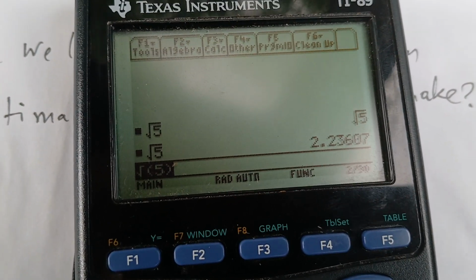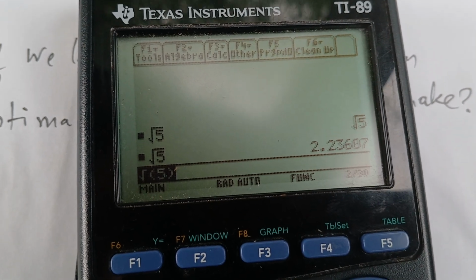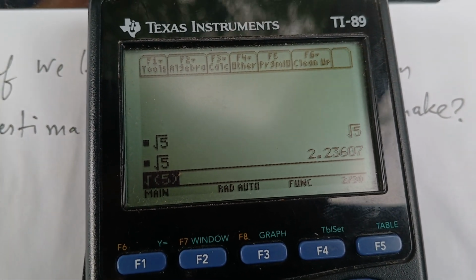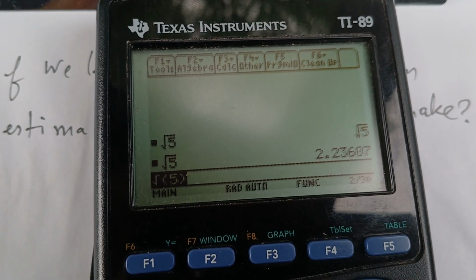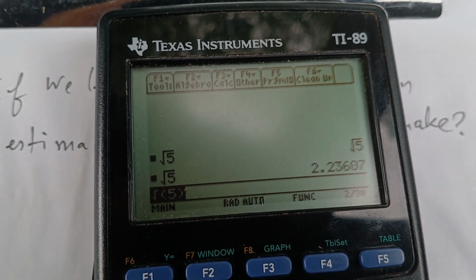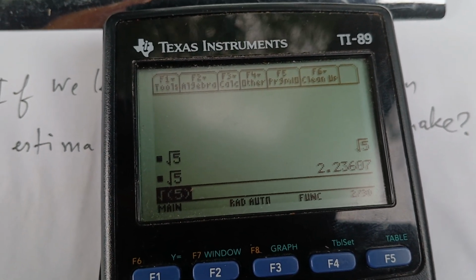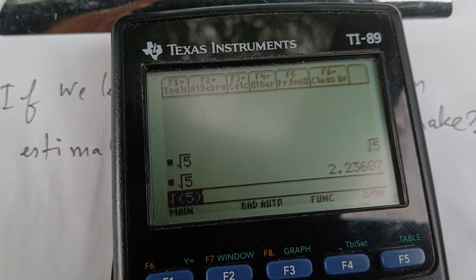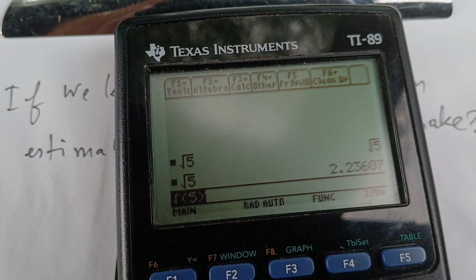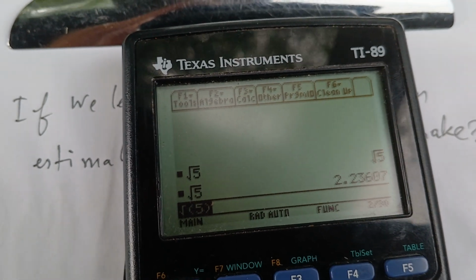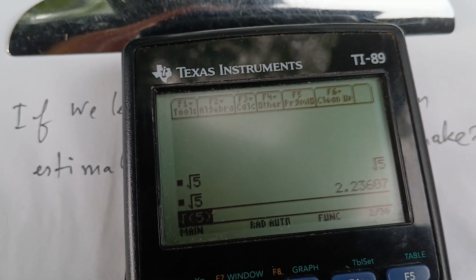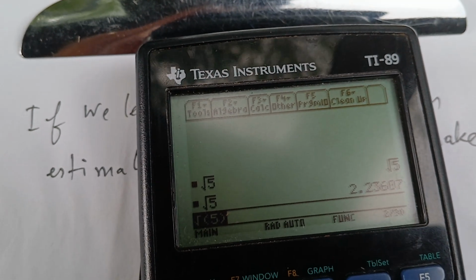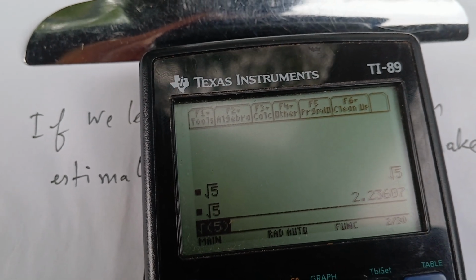Okay, if that value is the true value of the square root of 5, I'm making an error of 0.23 here. So I'm missing the 0.23 here. Okay, so let's see what we can do and what's the error that we can make, and how much can we miss when we say that we approximated the square root of 5 by 2.